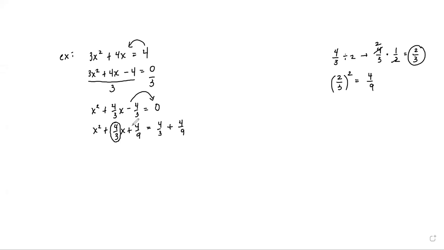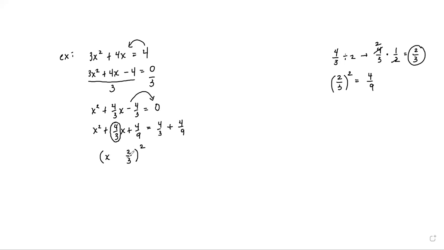Now, the purpose of adding this constant to the left side is to make this expression a perfect square trinomial. A perfect square trinomial can always be factored as the square of a binomial. So x squared is a perfect square. It's the square of x, while 4 over 9 is also a perfect square because it's the square of 2 over 3.